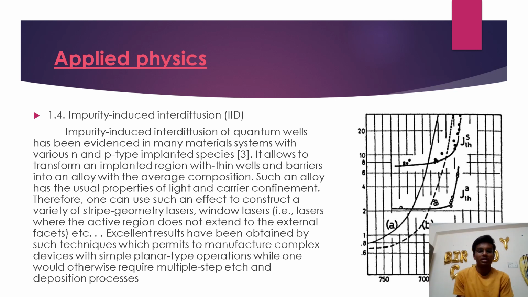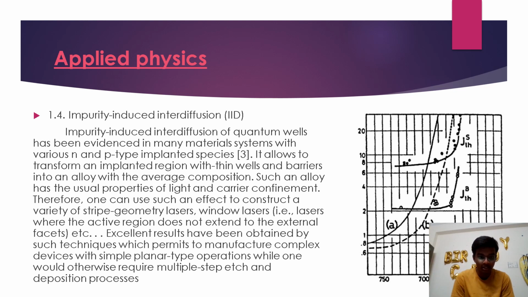Impurity-induced interdiffusion. Impurity-induced interdiffusion of quantum wells has been evidenced in many material systems with various N and P-type implanted species. It allows one to transform the implanted region with thin wells and barriers into an alloy with the average composition. The alloy has the usual properties of light and carrier confinement.